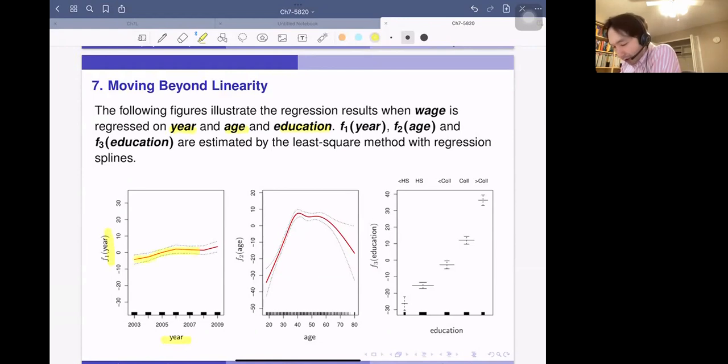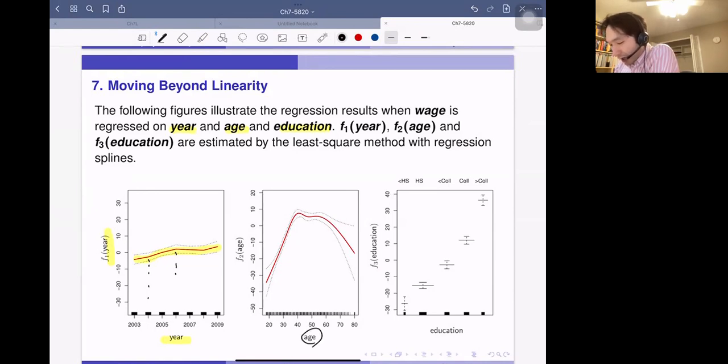So in recent years we have higher wage, but it's not a straight line, maybe because of the business cycle. Maybe 2004 to 2006, the economic condition is very good, so we have a higher increase in wage. After that, we have recession, so we have lower growth in wage.